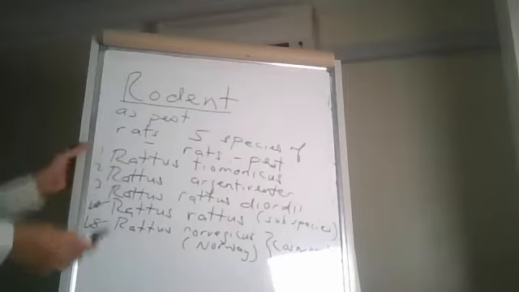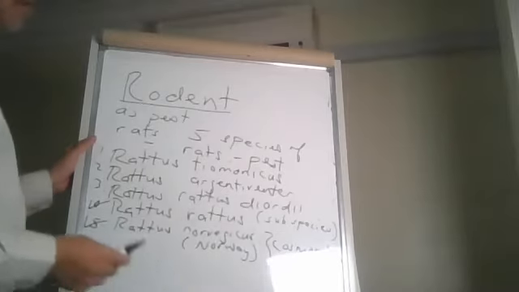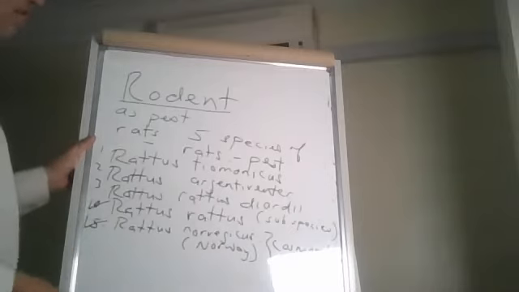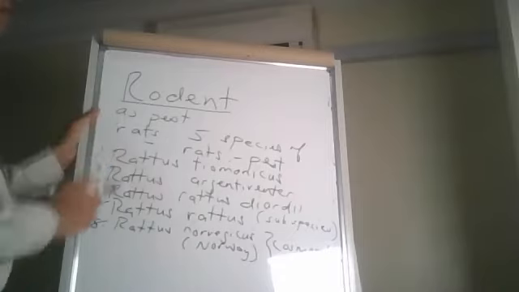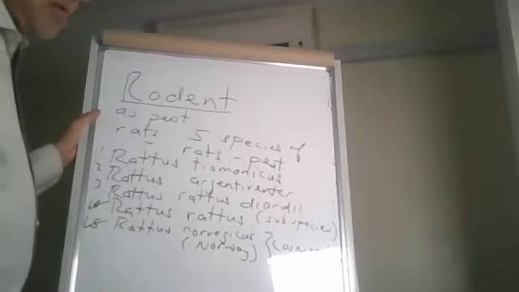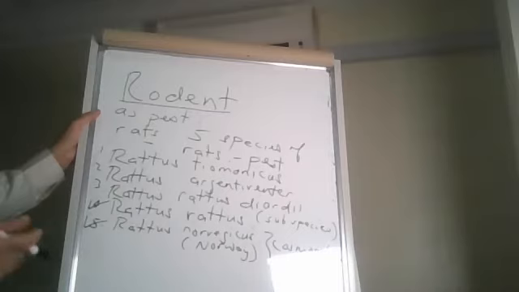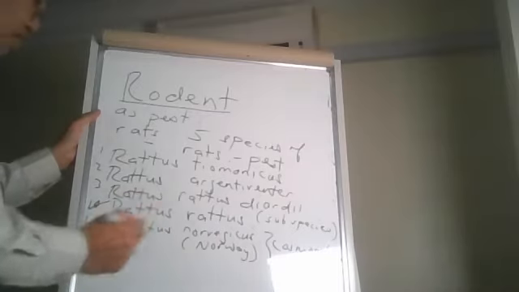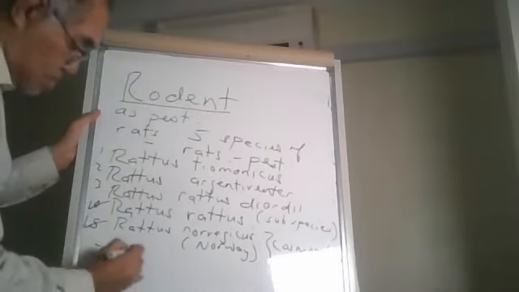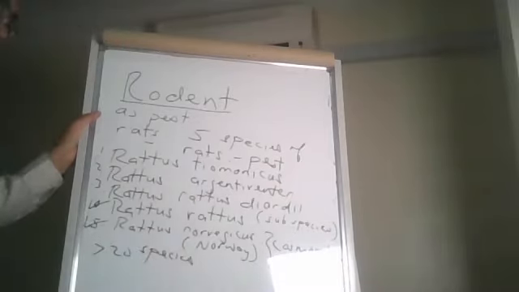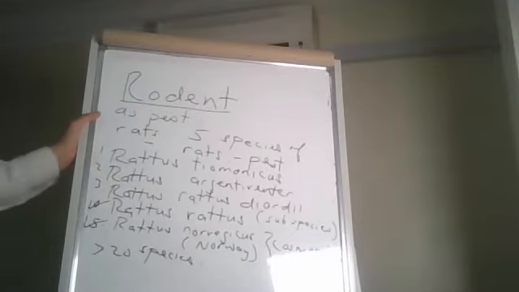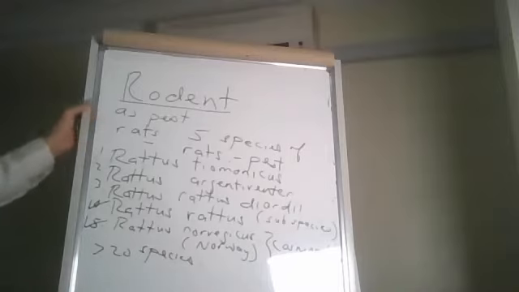And they have their common names, which I will indicate later. But the first thing that comes to mind when we mention rat, they are not necessarily pests. Not all of them are pests. Perhaps there are more than 20 species. You can look them up in the guide book of wildlife of Peninsular Malaysia and Sabah and Sarawak.